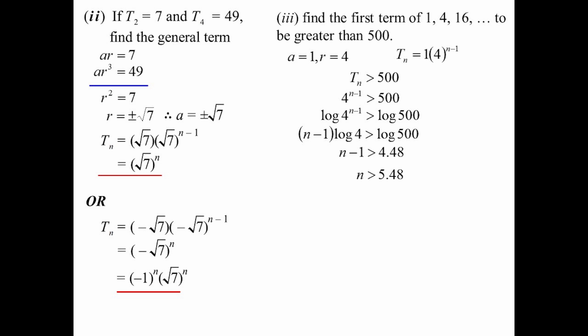Divide by log 4, and I get n minus 1 is greater than 4.48. Moving the 1 over to the other side. So I want the first number bigger than 5.48, which is of course 6. So term 6, which if you work it out, works out to be 1024.